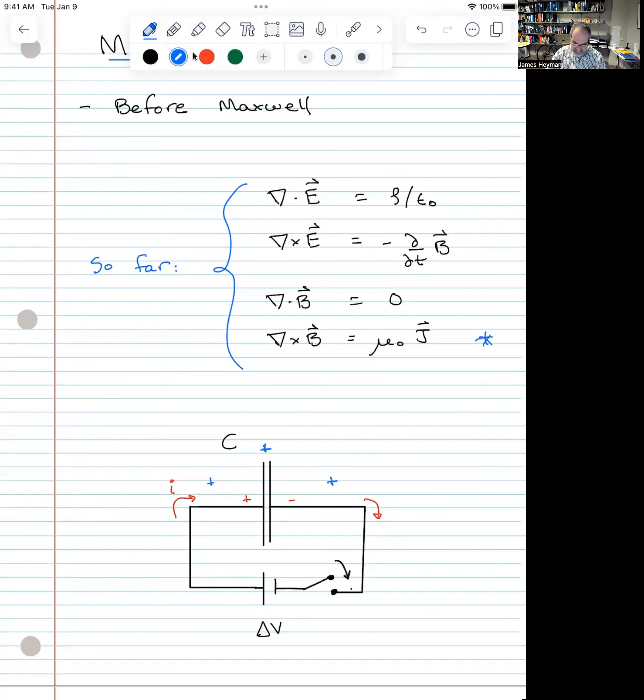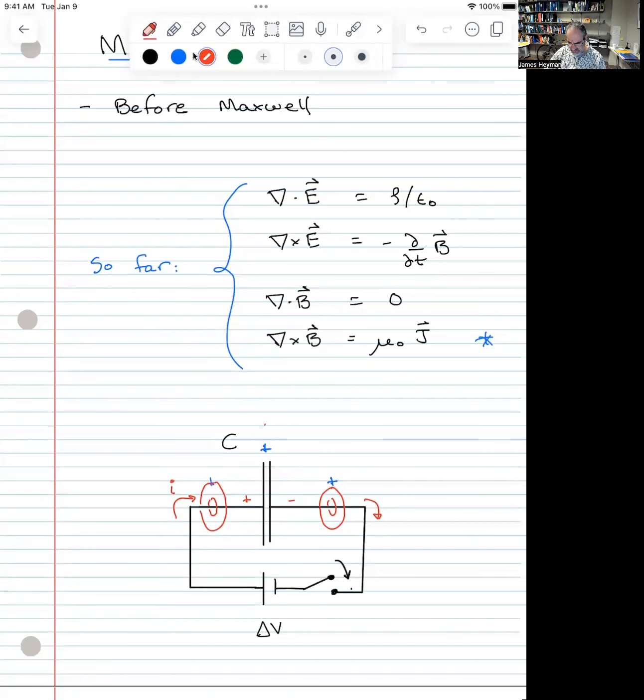What I want to show you is that there's kind of a problem with this. Ampere's law lets us calculate the magnetic fields around a flowing current pretty easily. And if we draw an Amperian loop here, why, it certainly encloses a current, and so we expect a magnetic field. And the same thing is true over here.